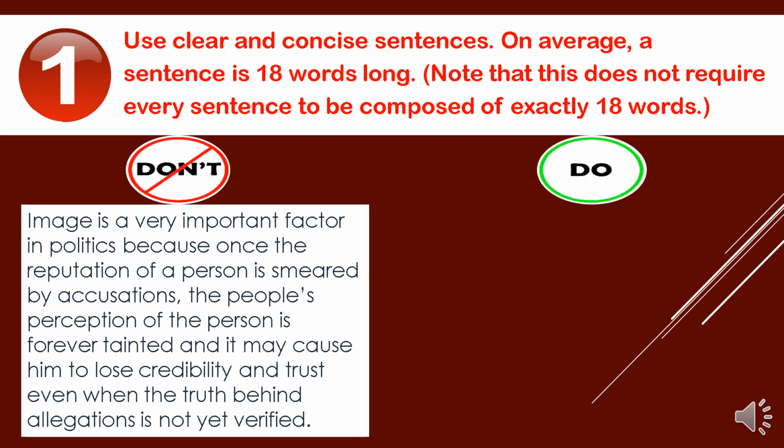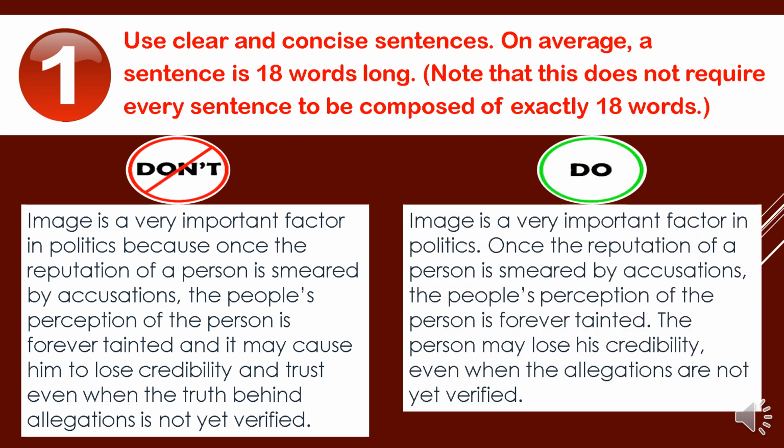Do write this way, like this one. Image is a very important factor in politics. Once the reputation of a person is smeared by accusations, the people's perception of the person is forever tainted. The person may lose his credibility even when the allegations are not yet verified.